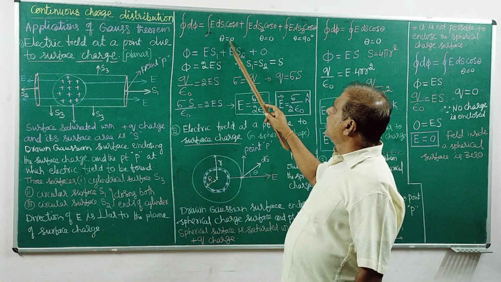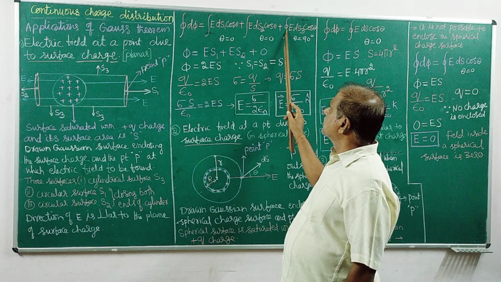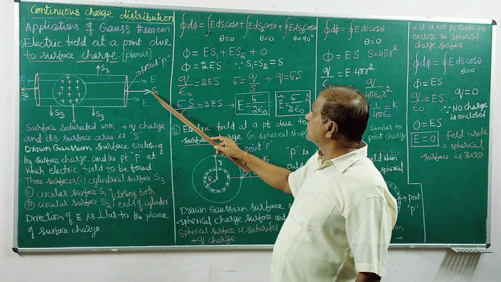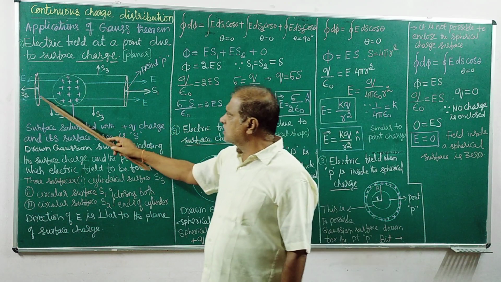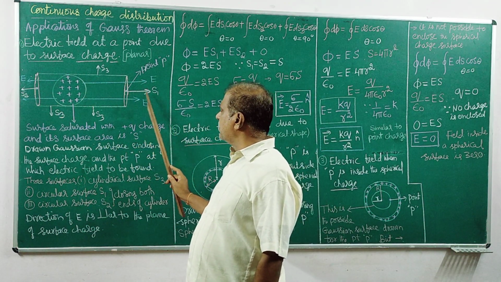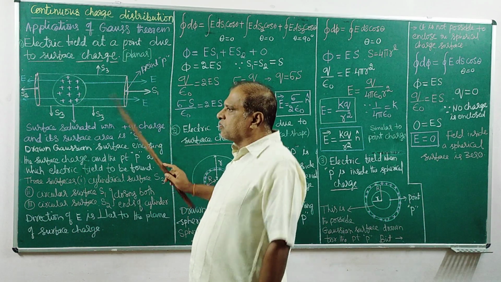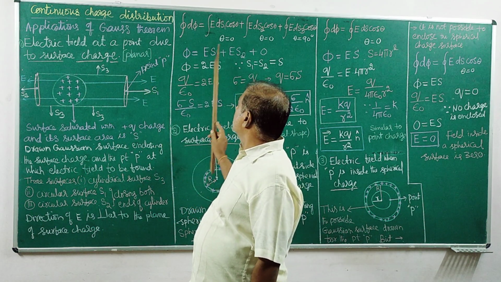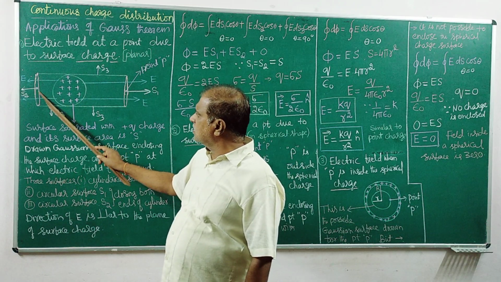Next, go for simplification of this equation. First, think about what is the theta for this. Look at this surface and this surface. That is the direction of the electric field. That is the direction of the area vector. Both are the same, so these vectors coincide. Theta equals 0. Similarly, this vector coincides.